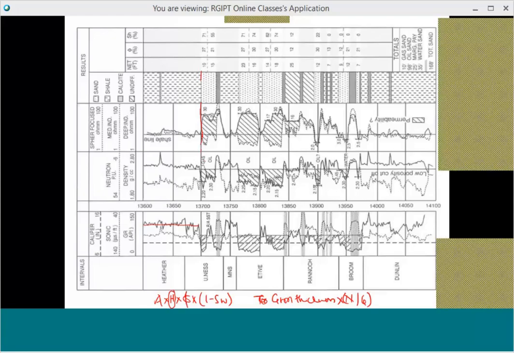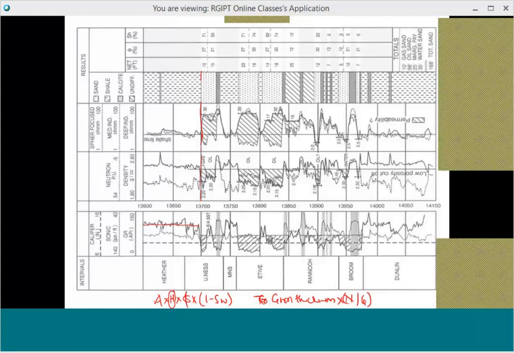At 13700, that is where you are going to probably put your formation boundary on the top, and at the base, probably you are going to put it somewhere around this. Okay. So that is where the formation boundary for sand will likely be put.